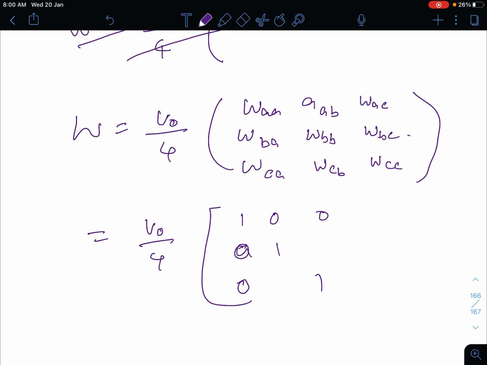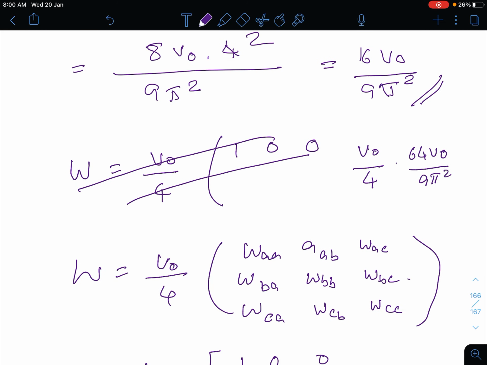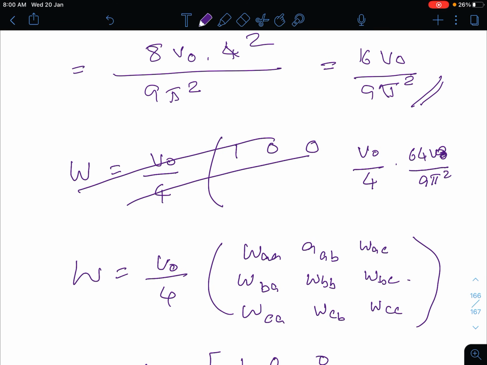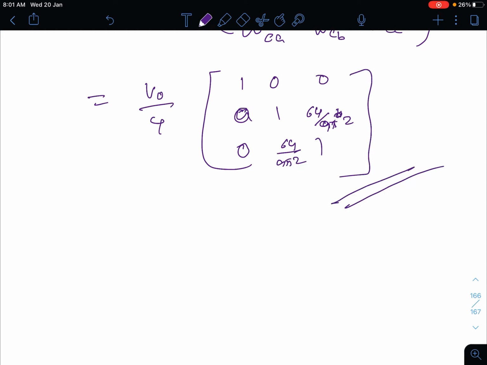Taking V0/4 outside, it is 64 V0/9π², isn't it? 64/9π². This is what you will be getting.